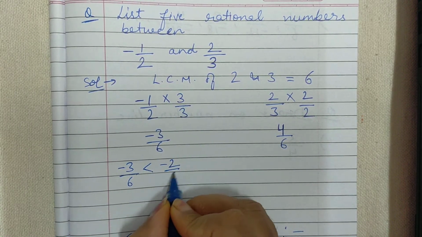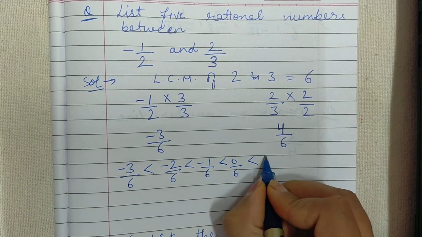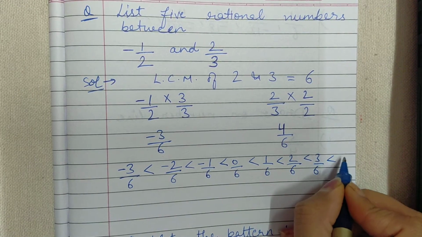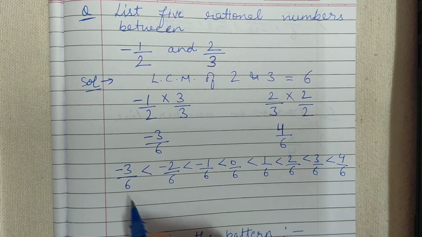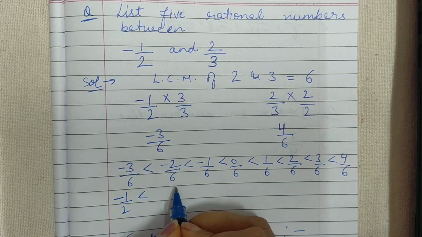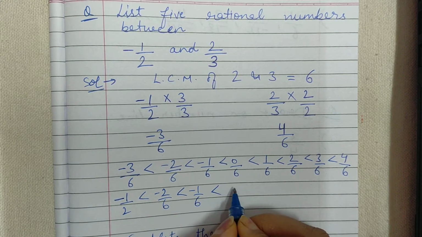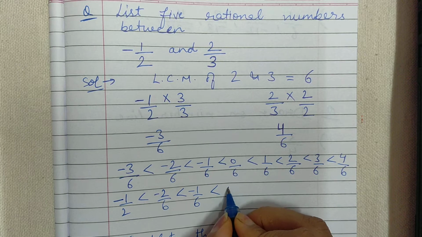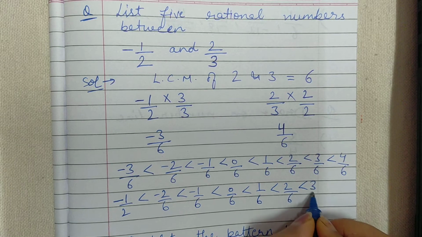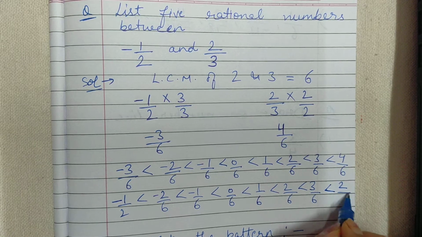It is -2/6, -1/6, 0/6, 1/6, 2/6, 3/6 and 4/6. -3/6 is -1/2. 4/6 is 2/3.